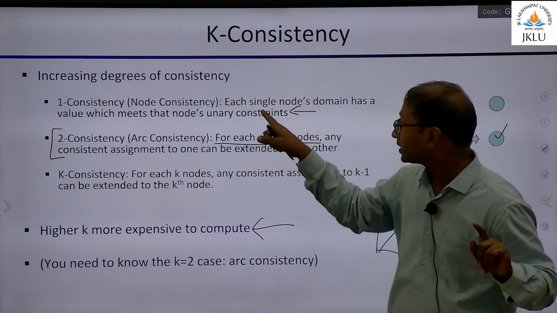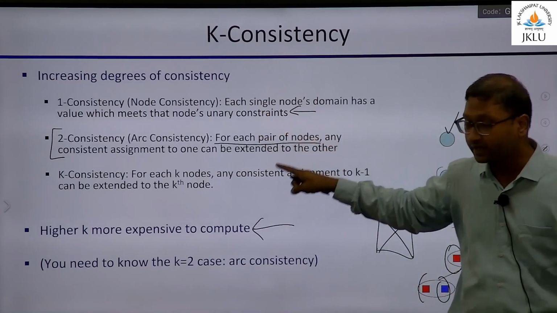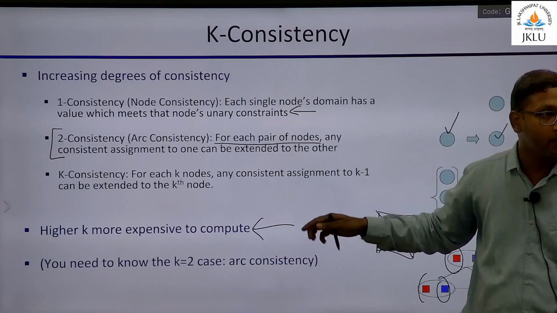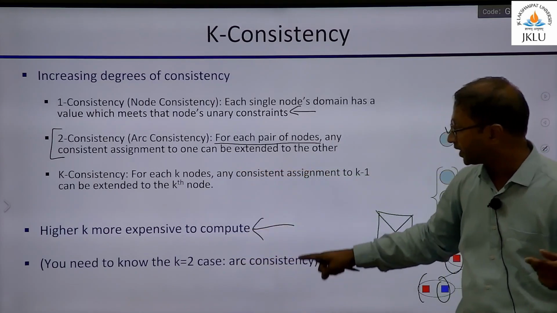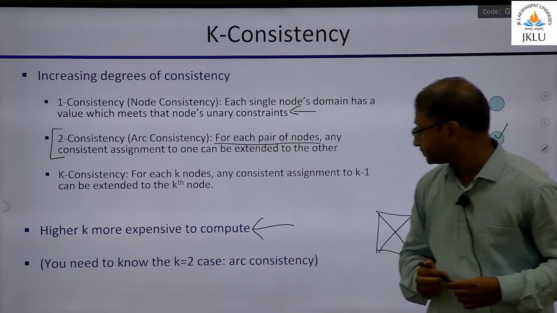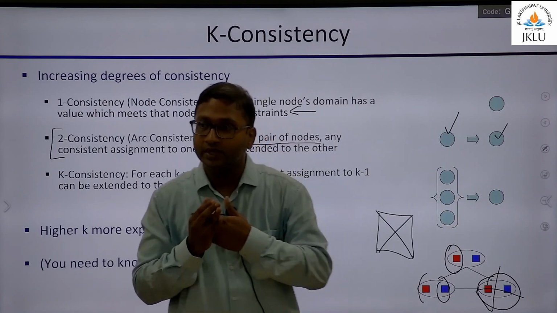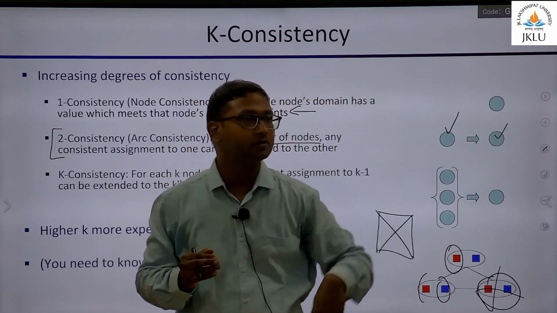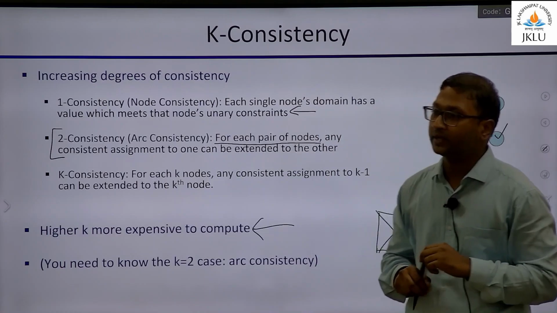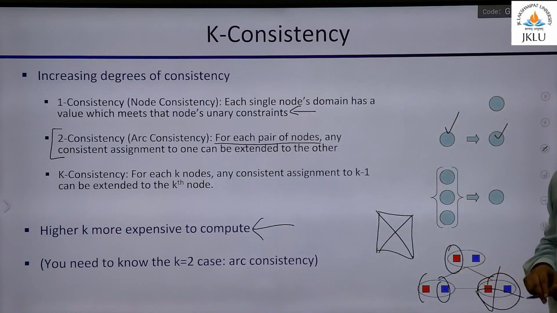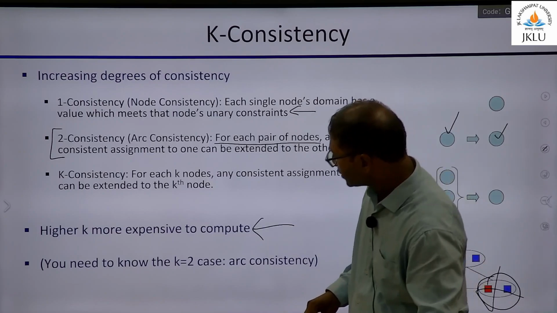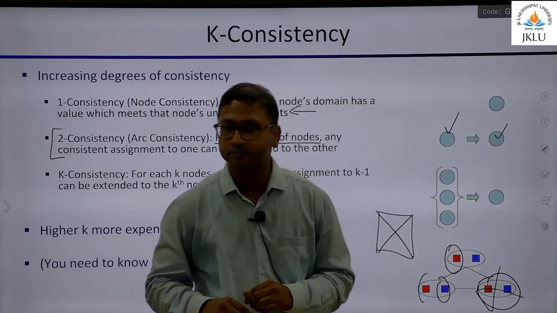For arc consistency it was polynomial time. For 3 consistency it may still be polynomial time, but it will increase very sharply. For K, the problem becomes NP hard. So in general it will become NP hard. Now what happens for k equal to n? What is so special with k equal to n?